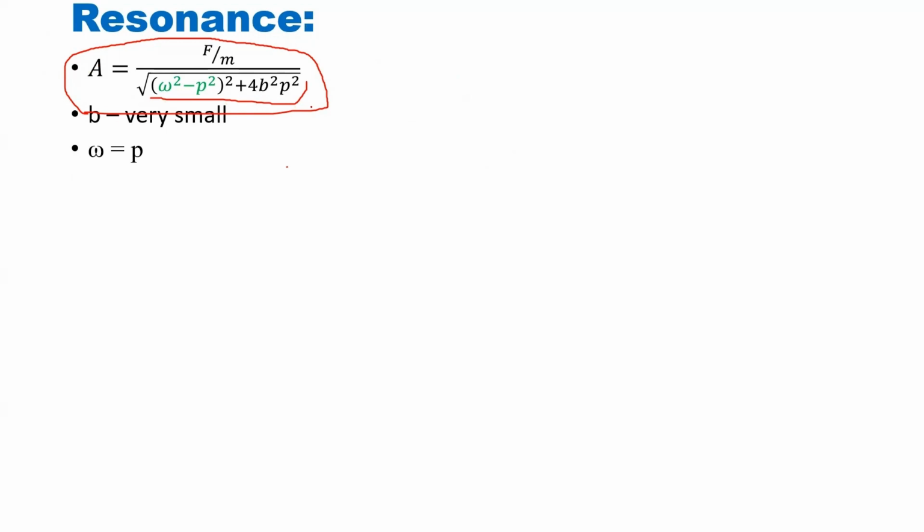That means d by dp of this denominator value should be 0. Because it is varying with p, since the natural frequency of the system will not change, we are changing only the applied periodic force frequency, that is p. So we have to differentiate with respect to p, and that should be equal to 0.